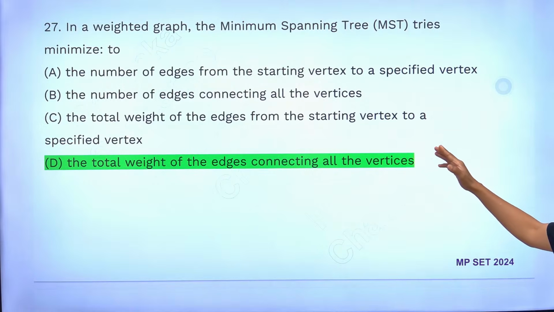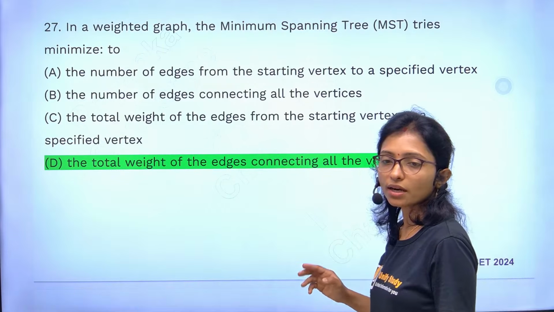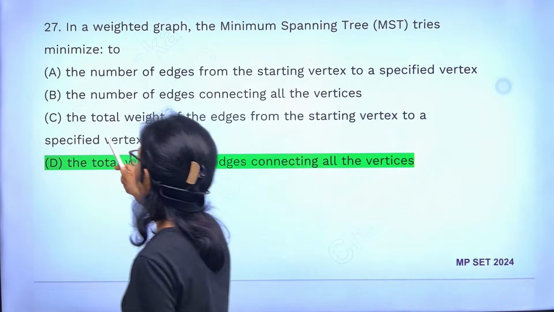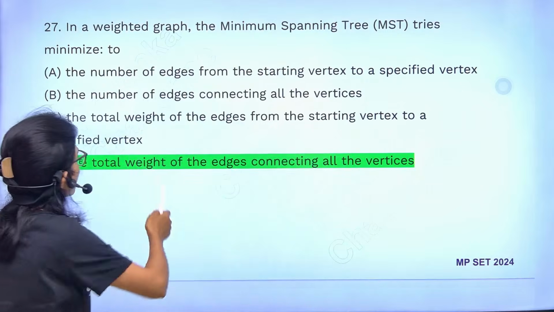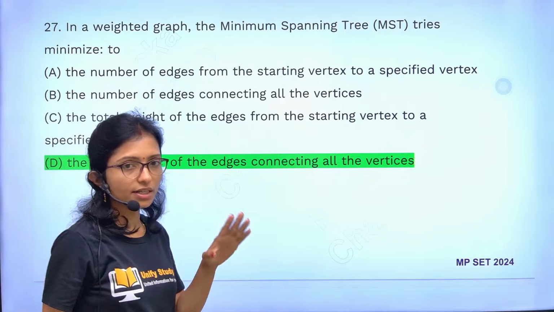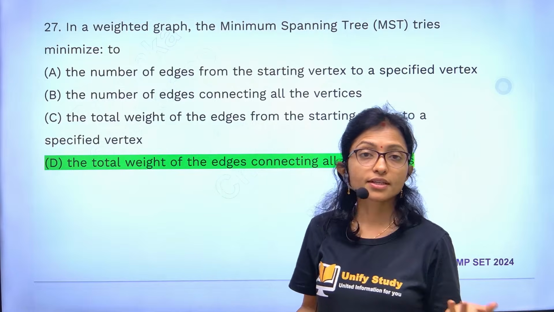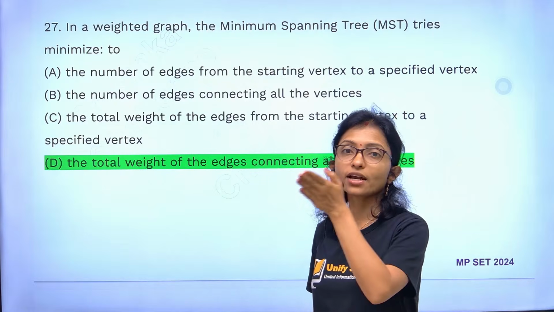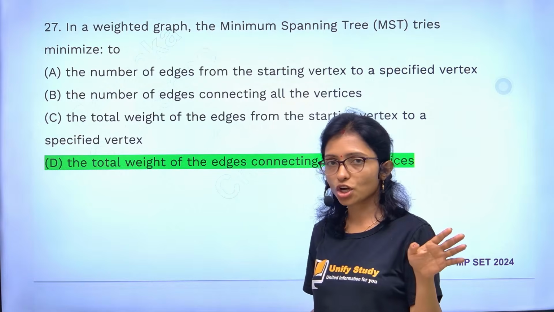There is a twist in the statement. You will be confused with the statement. Most of you are giving option C: the total weight of the edge from the starting vertex to the specific vertex. Is there any specification? Are we going to any specific vertex in a minimum spanning tree? It is not like a starting node and a goal node. You are thinking of the shortest path. It is not the shortest path.